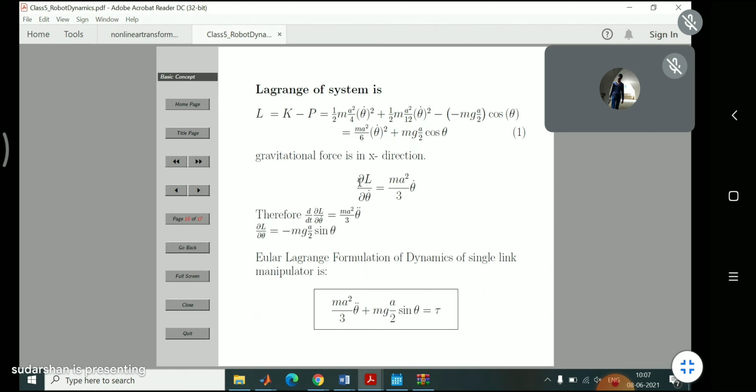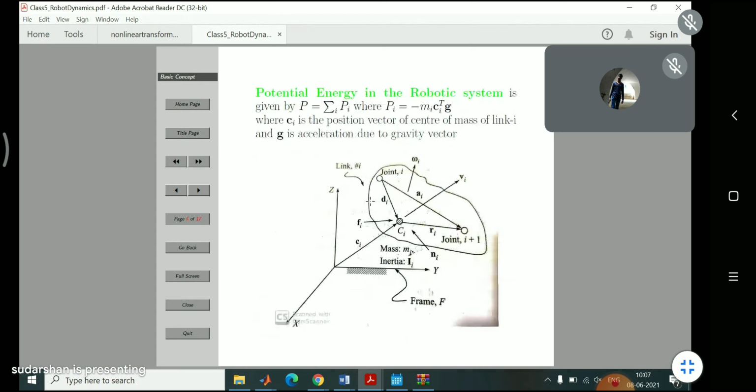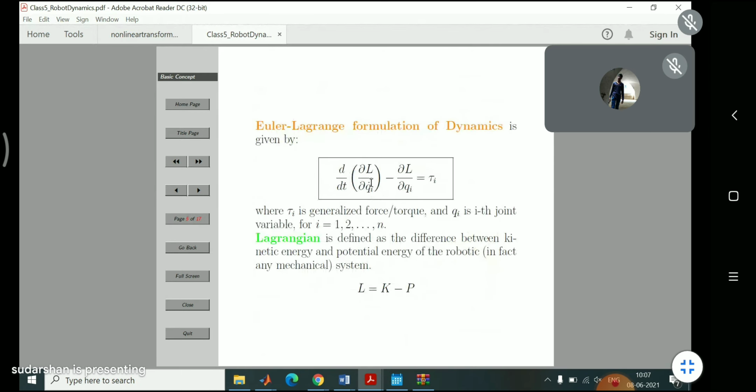Next we need to do dou L by dou theta dot, because that is the first term in the Lagrange. Dou L by dou theta dot, and then we need to take d by dt of this dou L by dou theta dot. So what is dou L by dou theta dot?